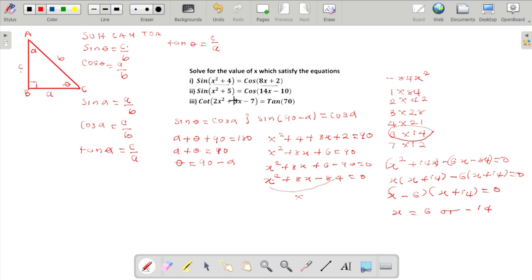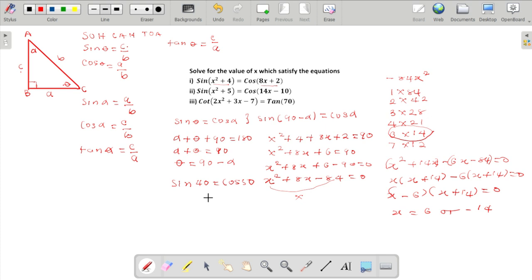But which of them will satisfy this? Let's look at this here. 6 squared is 36 plus 4, so we are looking at sine 40. Let's look at this side: 8 times 6 is 48 plus 2, that means cos 50.